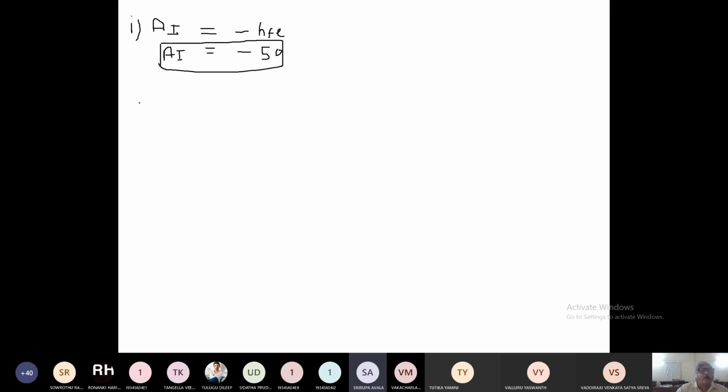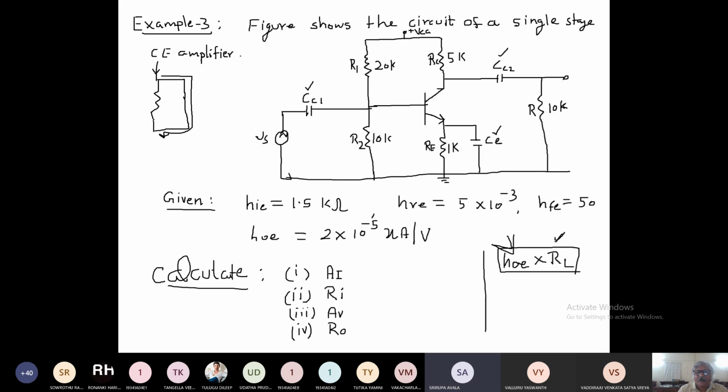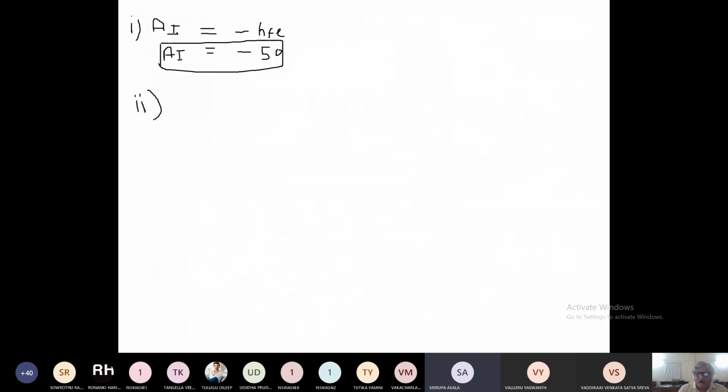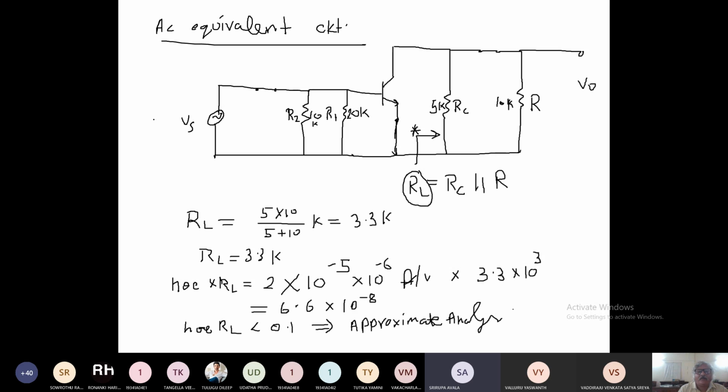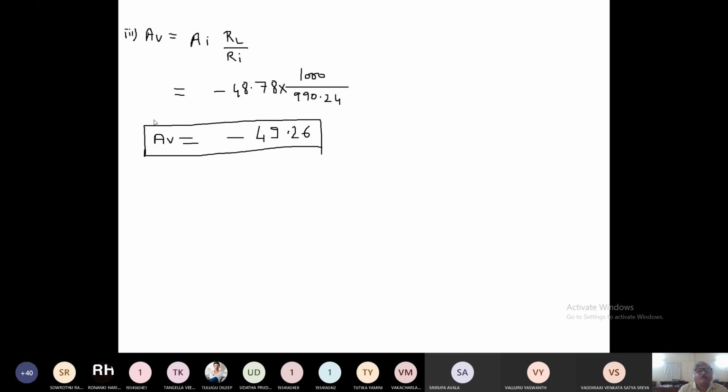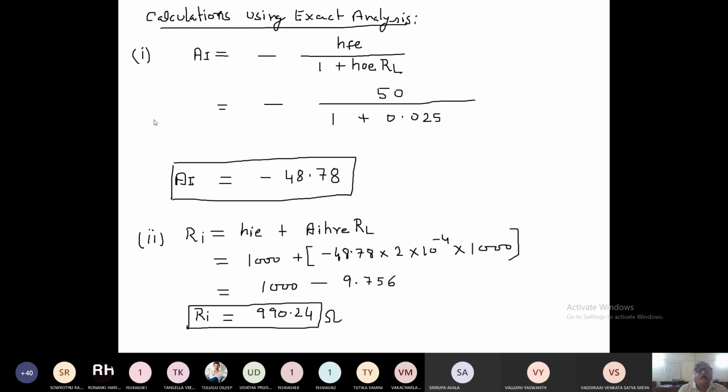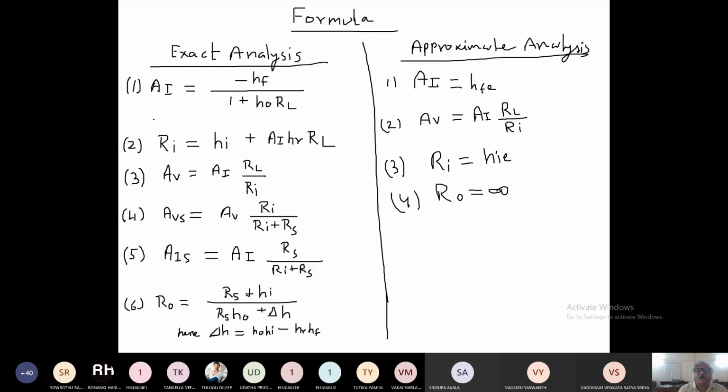Sir, how did minus come, sir? It is positive only, no, sir? AI is equal to plus HFE, no, sir. One minute, I will show you an approximate analysis.